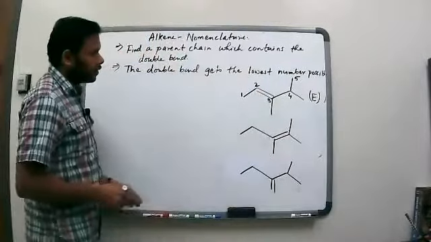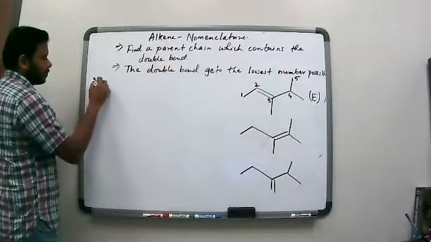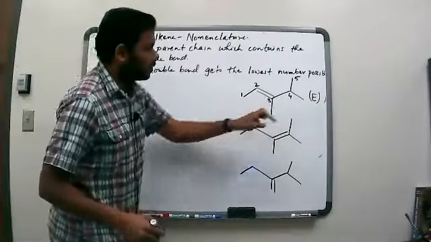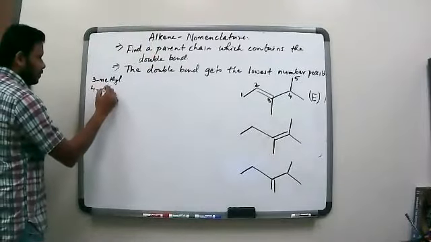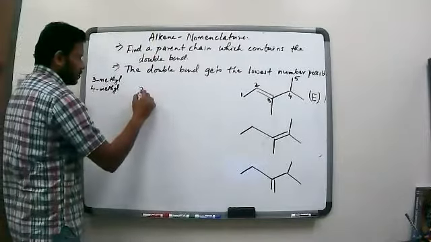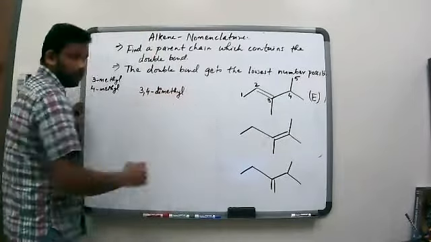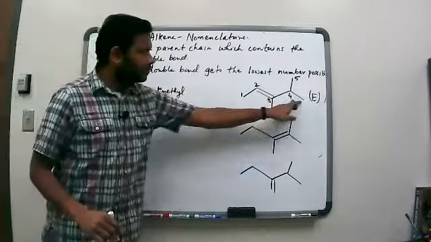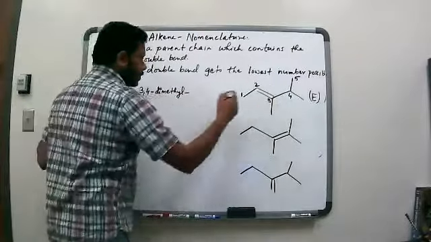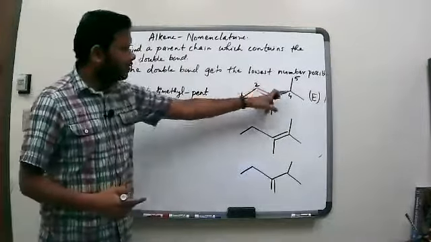Okay. Now, if we look at the substituents, we have a 3-methyl, and there is a 4-methyl. So that means this molecule is a 3,4-dimethyl, and overall it is a pentene, a 5-carbon alkene.